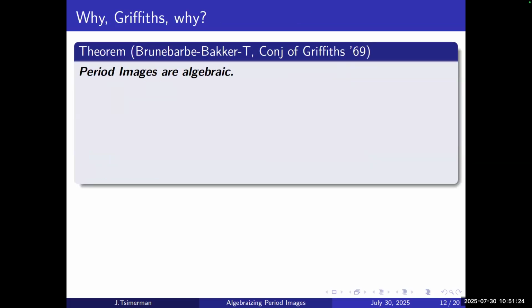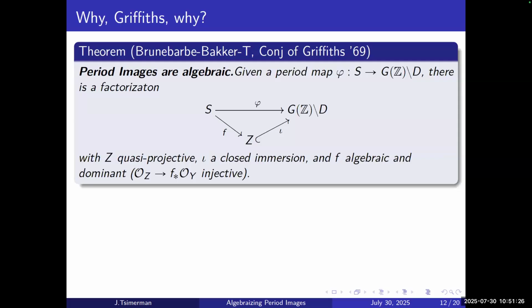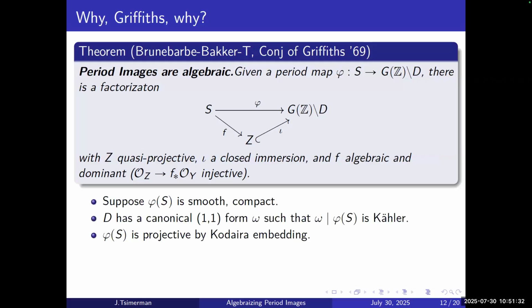Okay, so why would you expect this conjecture to be true? The motivation for it is actually pretty concrete, easy to understand. Griffiths observed this first. Suppose you're in the best possible world where the image is smooth and compact. You have no degeneration, then you have no singularities. Then the argument's as follows.